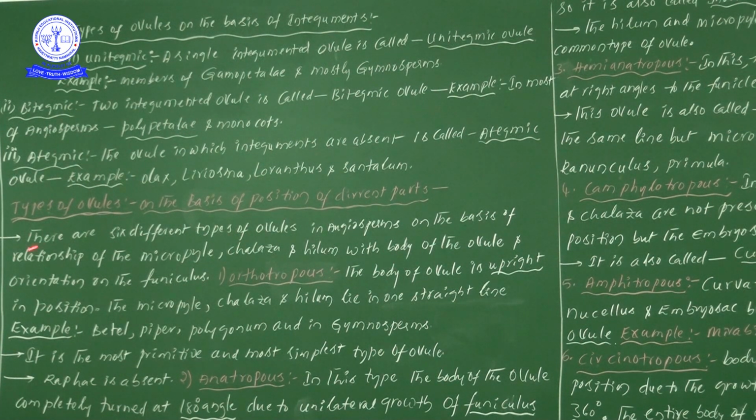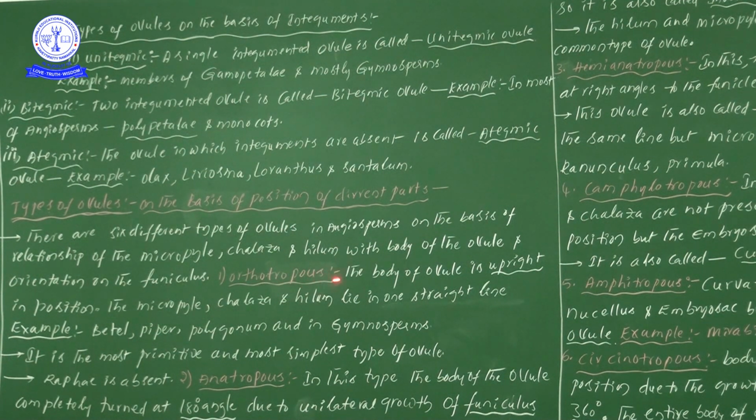One more time, you can see there are 6 different types of ovules in angiosperms on the basis of the relationship of the micropylar region, chalazal region, and hilum. Okay. Next one. Now let us see the first one, that is Orthotropus ovule.